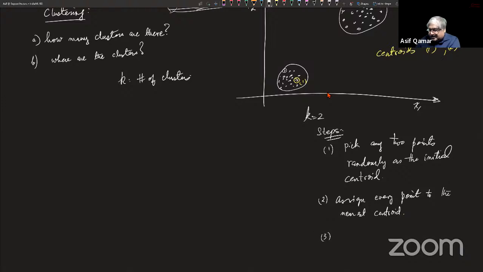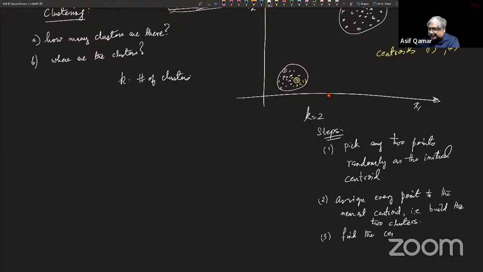The third step is find the centroid. When you assign each point to the nearest centroid, you build the two clusters.